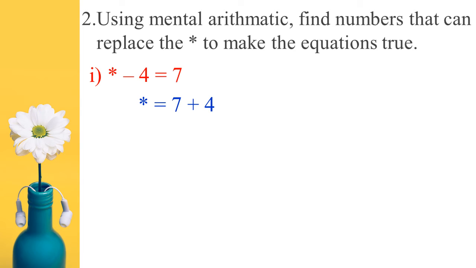So here minus 4 moves to the right hand side. On transposing, minus 4 becomes plus 4. So we get star equal to 7 plus 4. So we get 11. So here the value is 11.